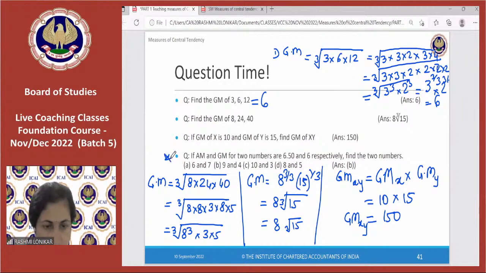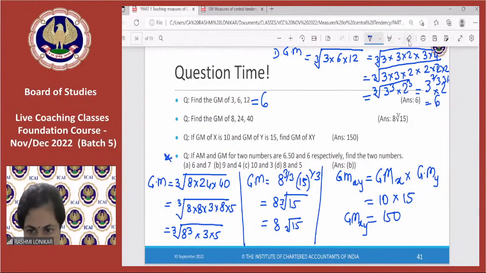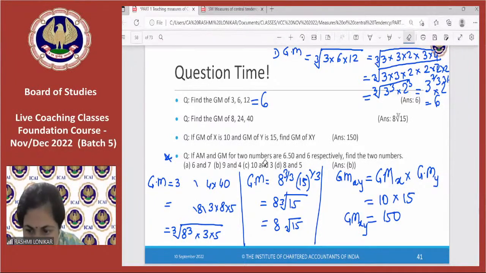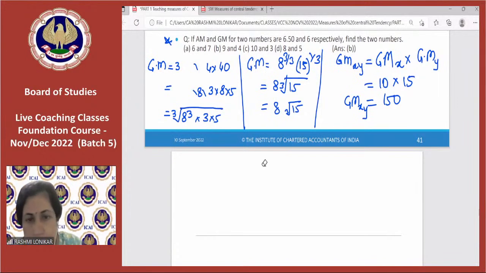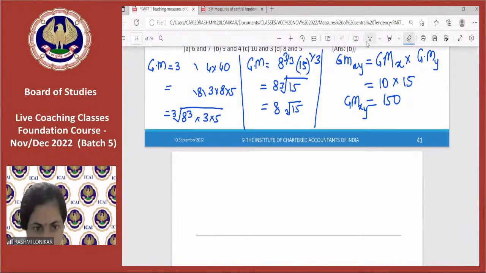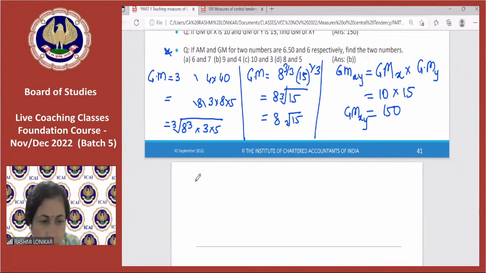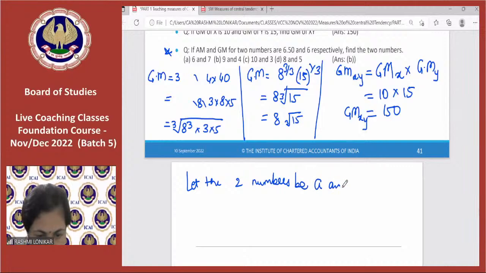Okay, this is also a good question that you should know. Let the two numbers be A and B.